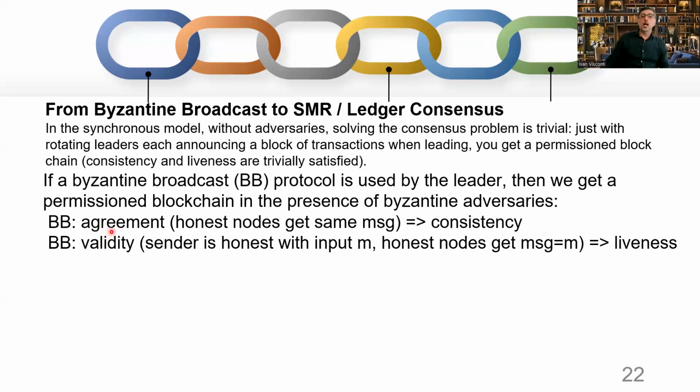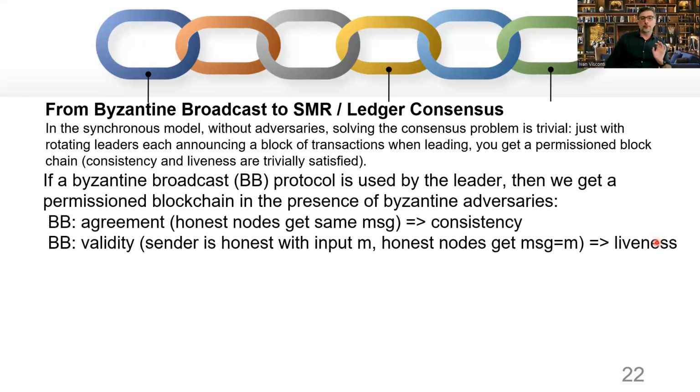Byzantine broadcast is a protocol that guarantees, in the presence of adversaries, agreement, so that honest nodes will get the same output, and this is useful to get the consistency property, number one. And then there is a second property of Byzantine broadcast, validity. Validity means that if the sender is honest and runs the procedure with the input M, then the honest nodes will get precisely M, okay? And this will be useful to get liveness, okay?